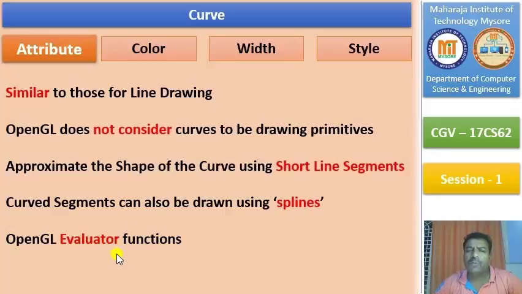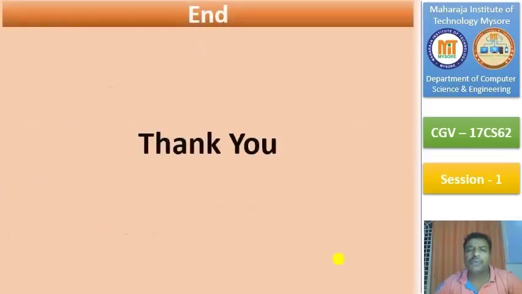So when I want to make use of a curve, there is no direct OpenGL function which helps us in drawing the curve. This is all about the curve and its attributes. Thank you for this session.